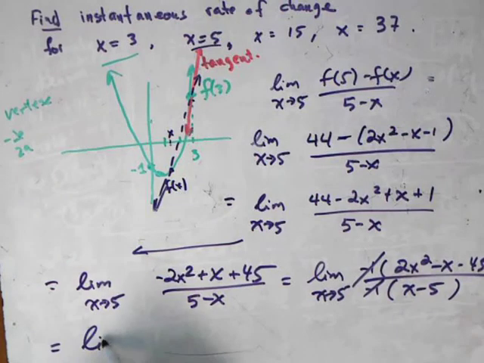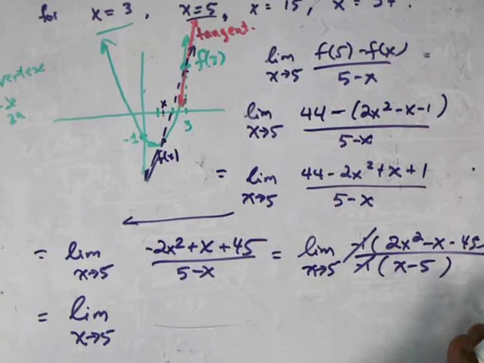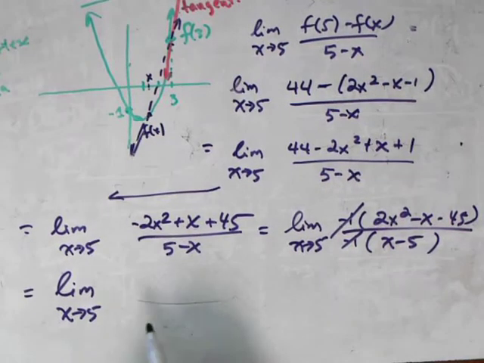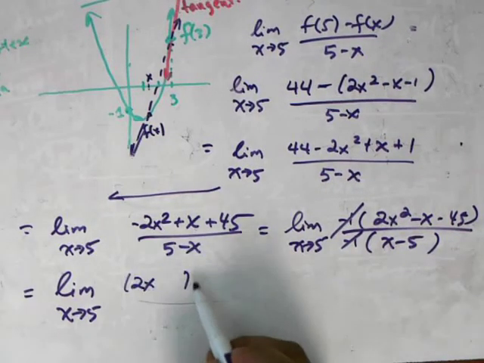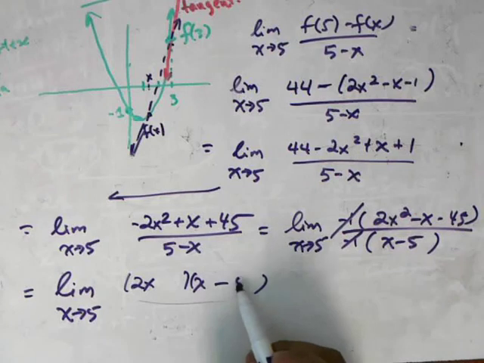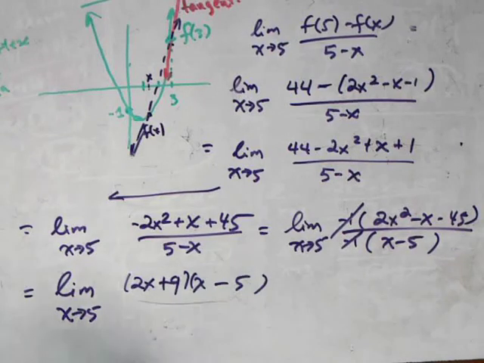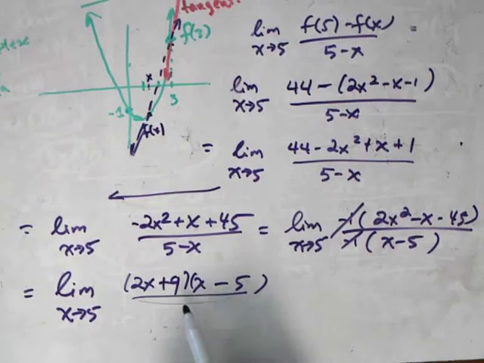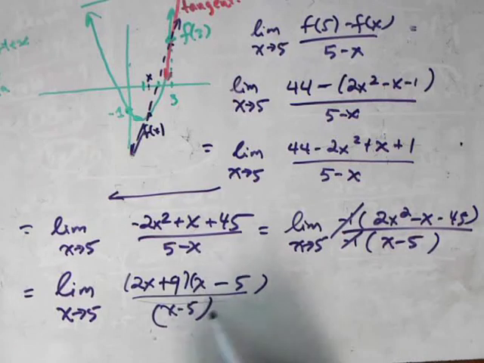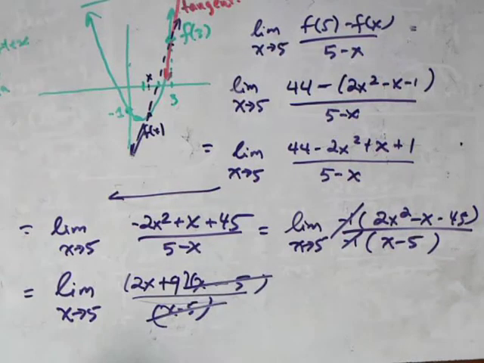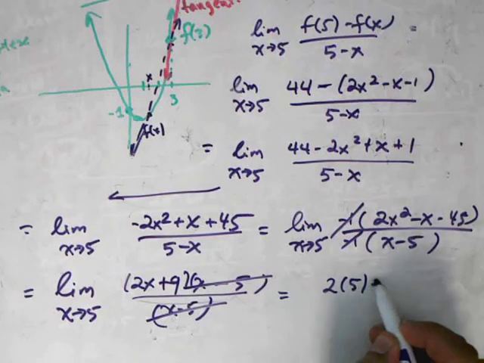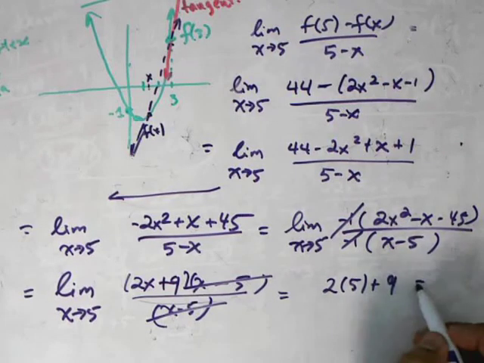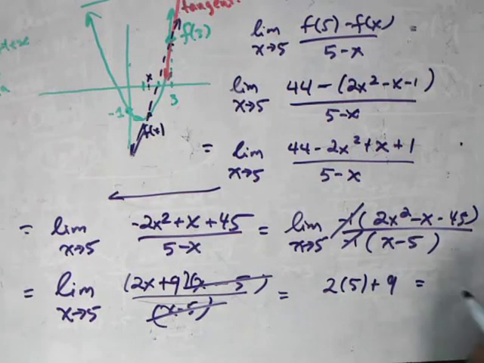And then just continue our work here. Again, I am going pretty quick because most of this is algebra. So factoring the top, you're going to get 2x, x minus 5, x plus 9 over x minus 5. That cancels. And now we can do direct substitution. 2 times 5 plus 9, and your answer should be 19.